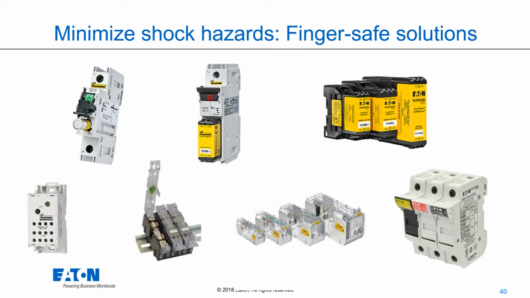And on the third one on the bottom, that's a cover that you remove and you might toss and you might lose. But anything where the finger safe solution is inherently finger safe, and doesn't rely on anyone replacing a cover when they're done working on it, is always a step up when it comes to a level of safety and minimizing your shock hazards.